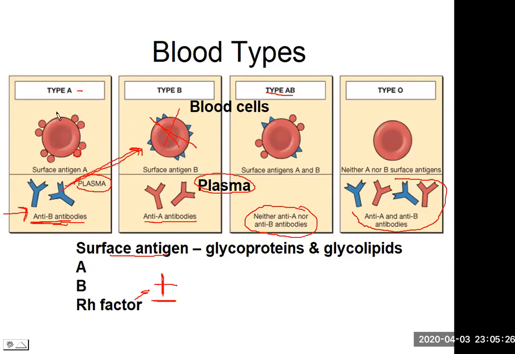So we can modify our figure here. We'll say the Rh is just a green square. So now this is a positive type because they have the A antigen, and now we have this green square representing the Rh. So it's now a positive type blood.